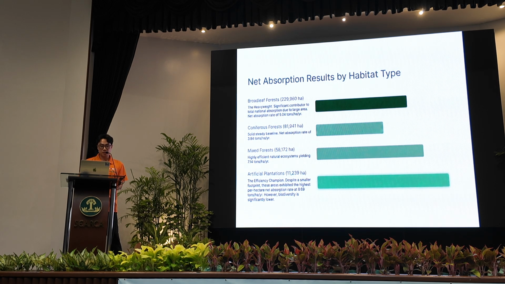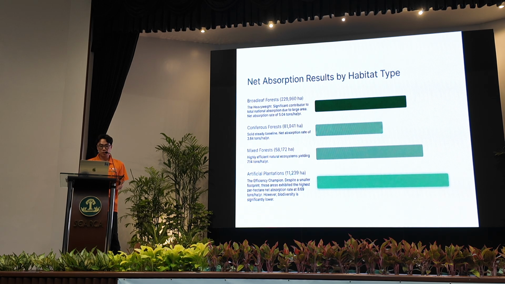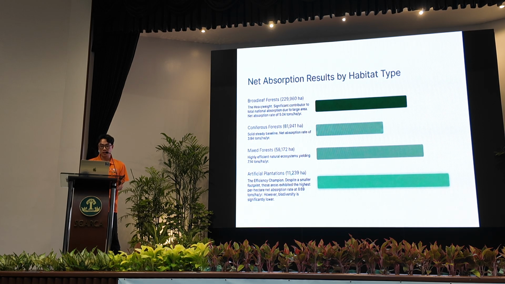The net absorption varies by habitat type. Broadleaf forest covers 229 hectares. Their net absorption rate is 5.04 tons per hectare per year. And coniferous forest covers 81 hectares with a rate of 3.84 tons.